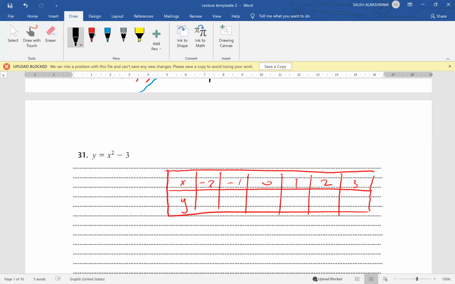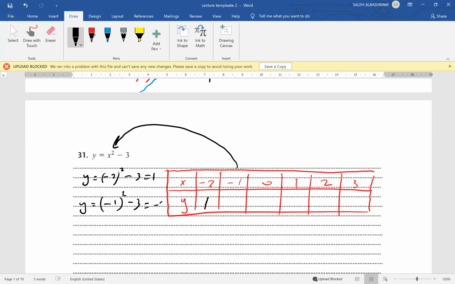So for the first one, I'm going to substitute x by minus 2. So y equal to minus 2 to the power 2 minus 3. That will be 4 minus 3 equal to 1. So minus 2 and 1. Now for the second point, substitute minus 1 in the equation. I will have y equal to minus 1 squared minus 3.